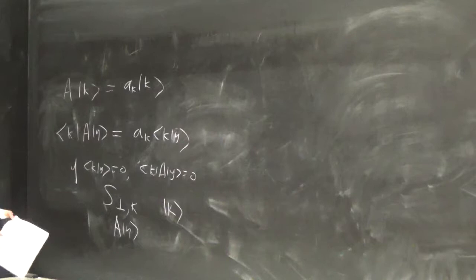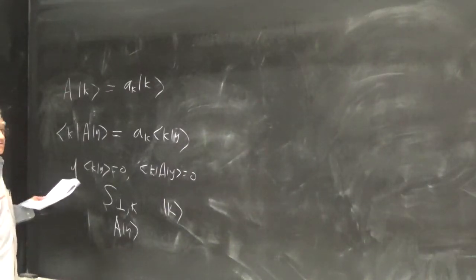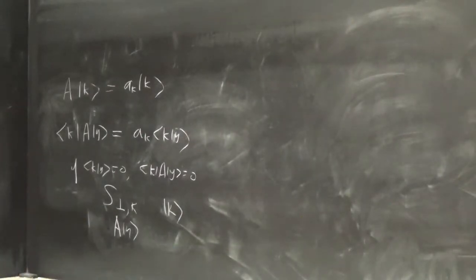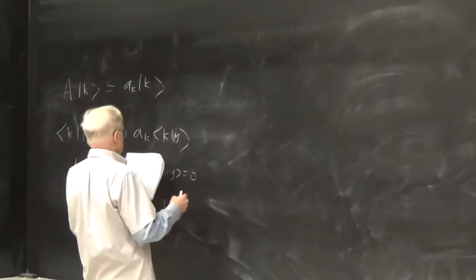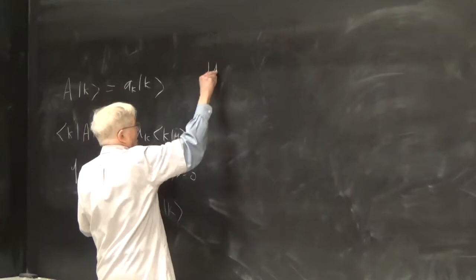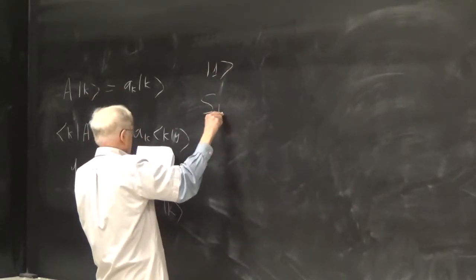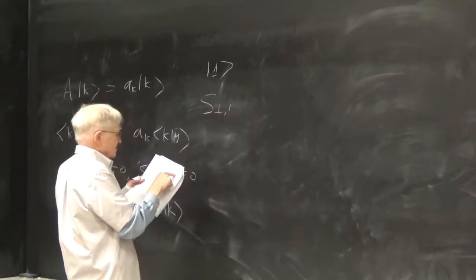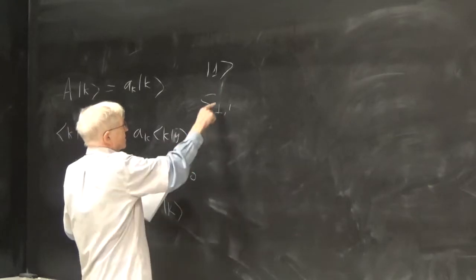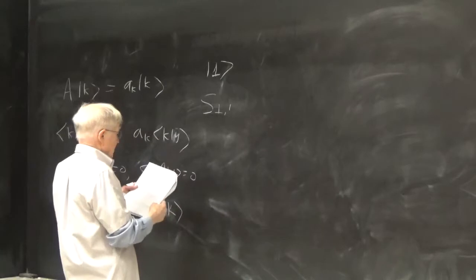And so what you do then is you say, well, this matrix A is an n by n matrix, so it has at least one eigenvector. Suppose the eigenvector is 1. Then you consider the space S perp 1, which is the space of vectors that are orthogonal to the state 1.